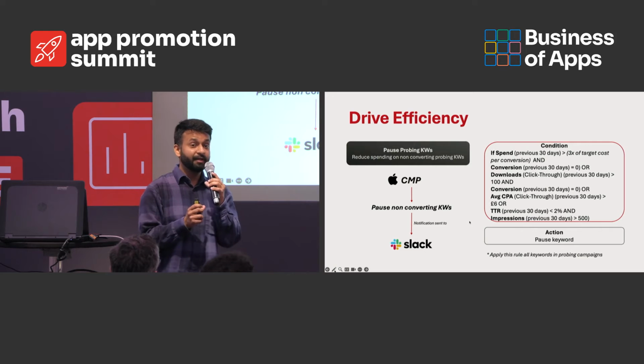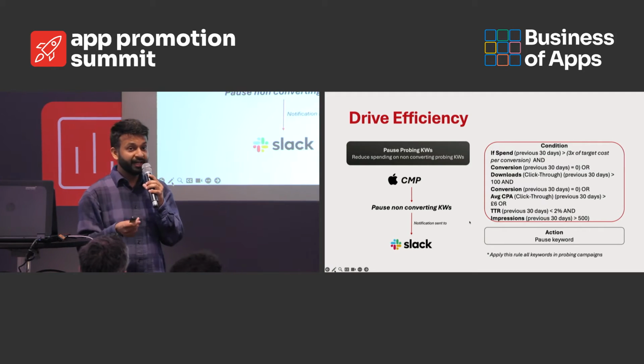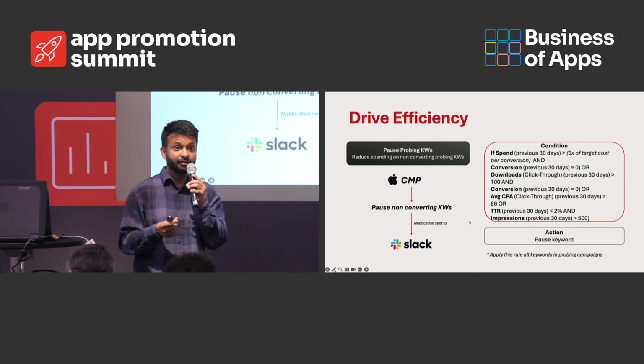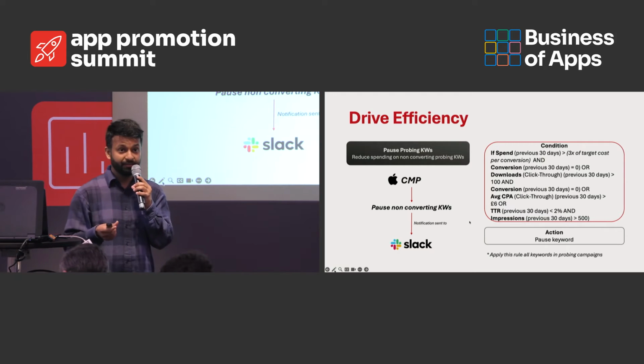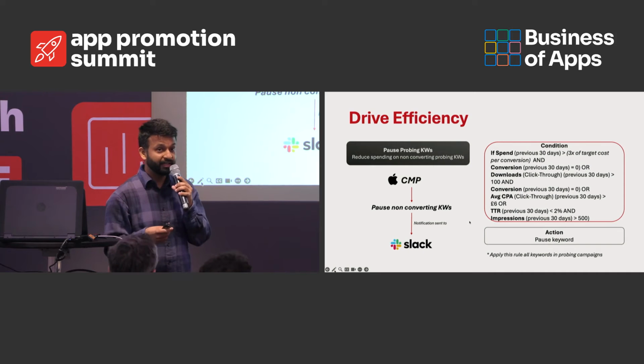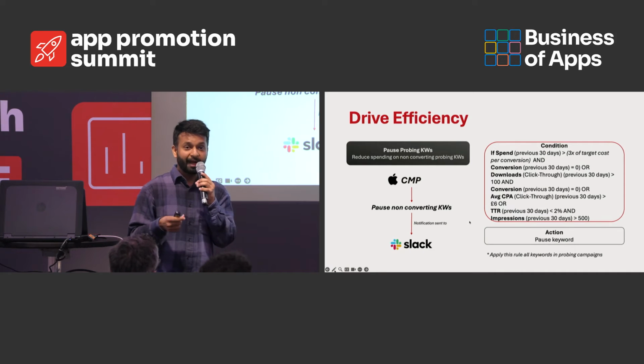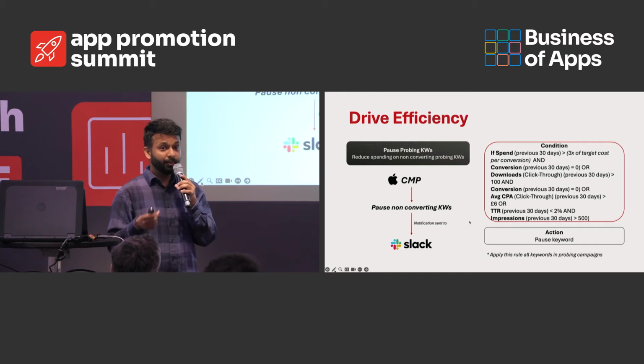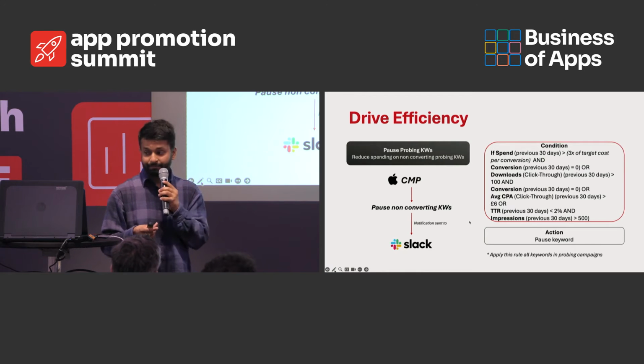And even if they are relevant, there is a probability that you won't be able to convert that traffic. Maybe your screenshots are not relevant. Maybe you don't have a very solid USP. There can be many reasons why you might not be able to convert that traffic. Therefore, you should have a system in place that can pause probing keywords if they are not converting.